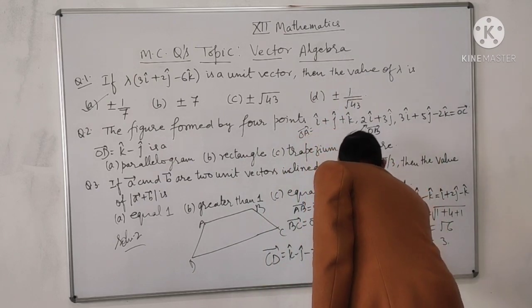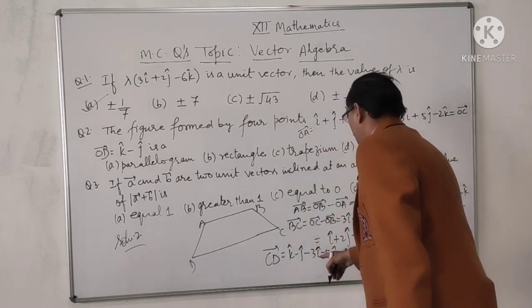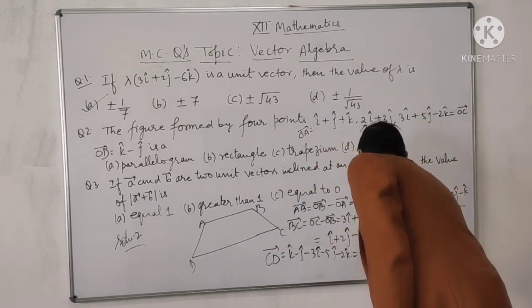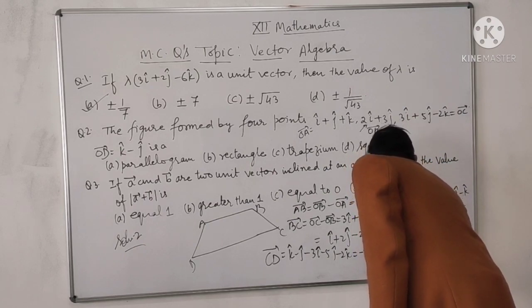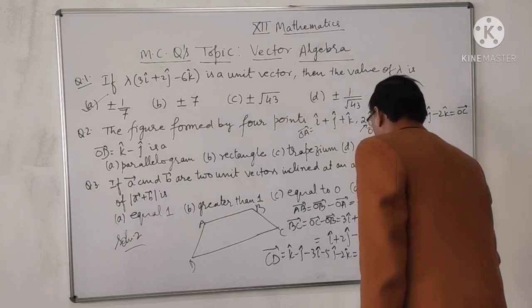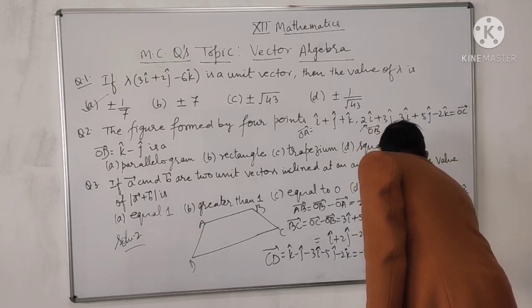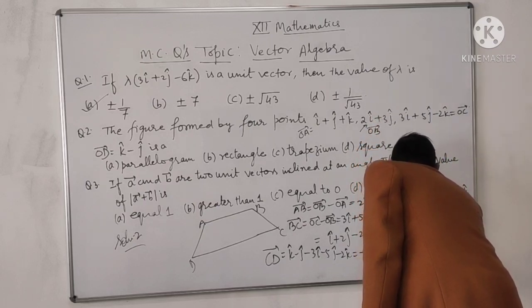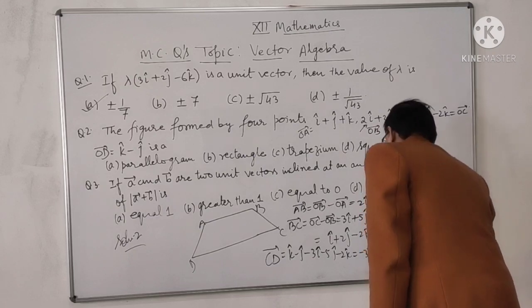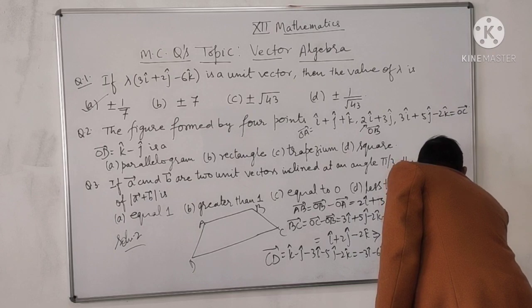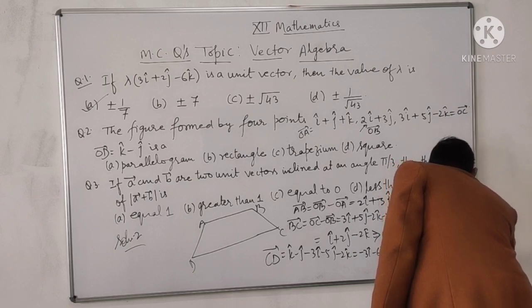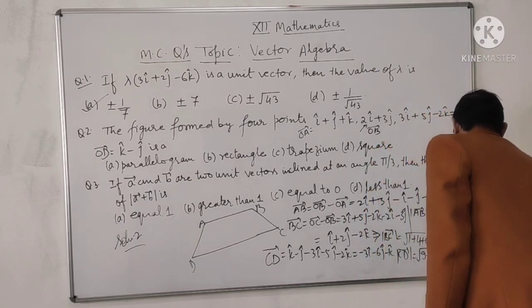Then it is 3i cap minus 6j cap minus k cap, and mod of CD is root of 9 plus 36 plus 1. It is root 46.